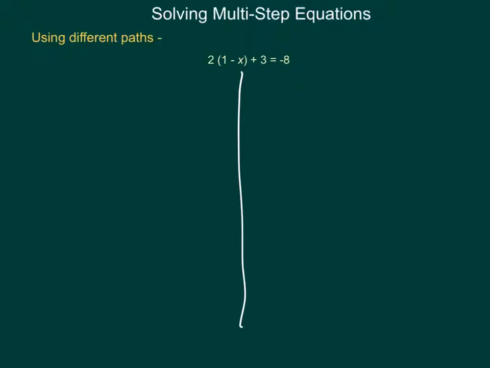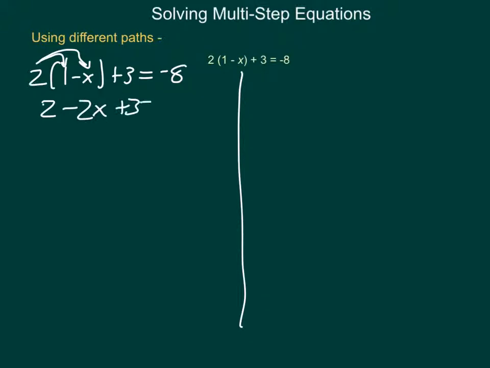So I'm going to copy my equation down. 2 times (1 minus x) plus 3 equals a negative 8. If I use distribution on the left-hand side, I'm going to distribute my 2 to both items inside. 2 times 1 is 2. 2 times a negative x is a negative 2x plus 3 equals a negative 8.